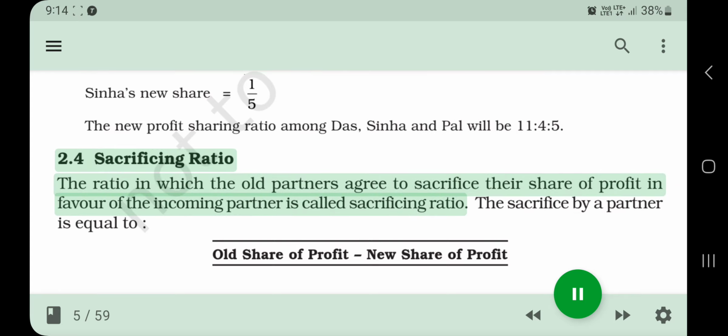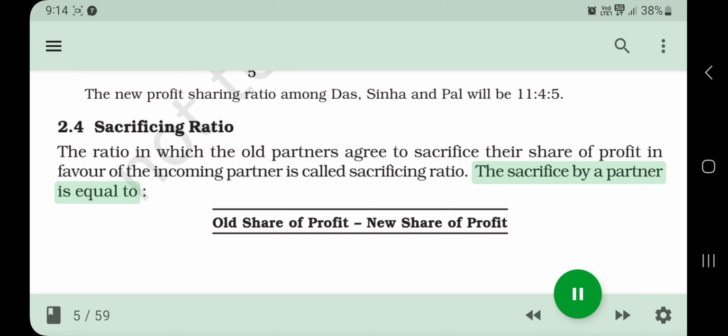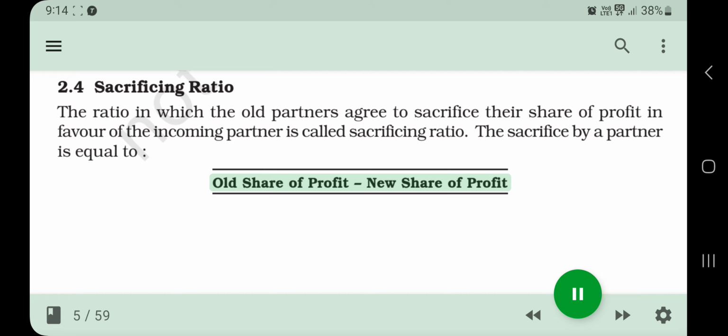2.4 Sacrificing ratio. The ratio in which the old partners agree to sacrifice their share of profit in favor of the incoming partner is called sacrificing ratio. The sacrifice by a partner is equal to old share of profit minus new share of profit.